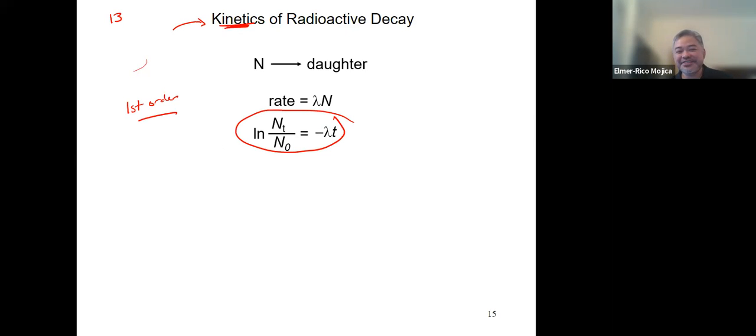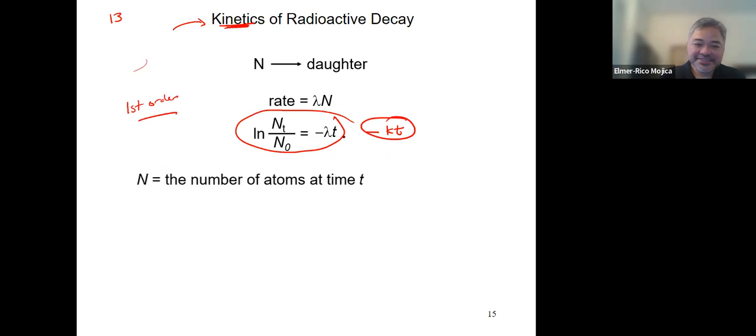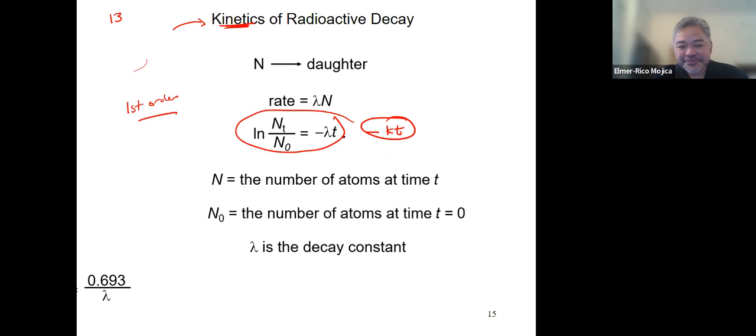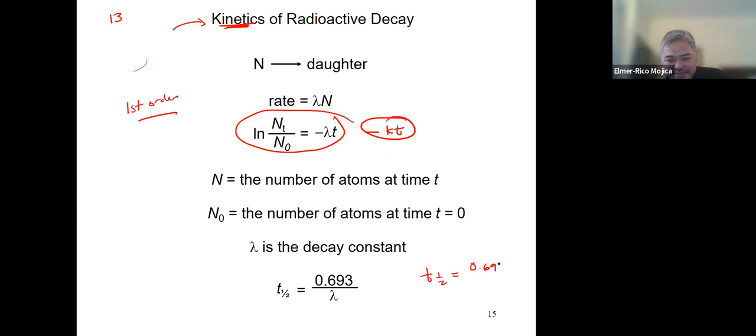So first order kinetics. If you remember, that would be kt in your chapter 13, but here we could say it as negative alpha t. So this is similar or the same as the one that you have before.